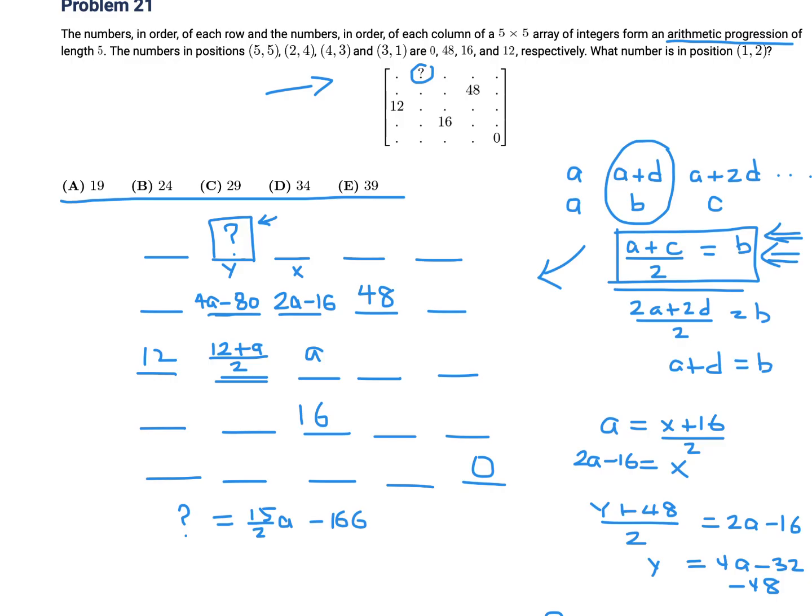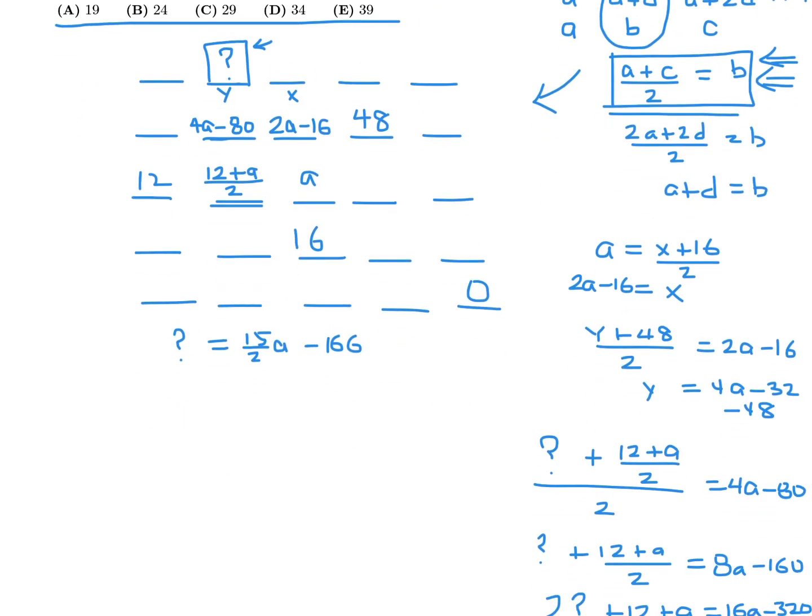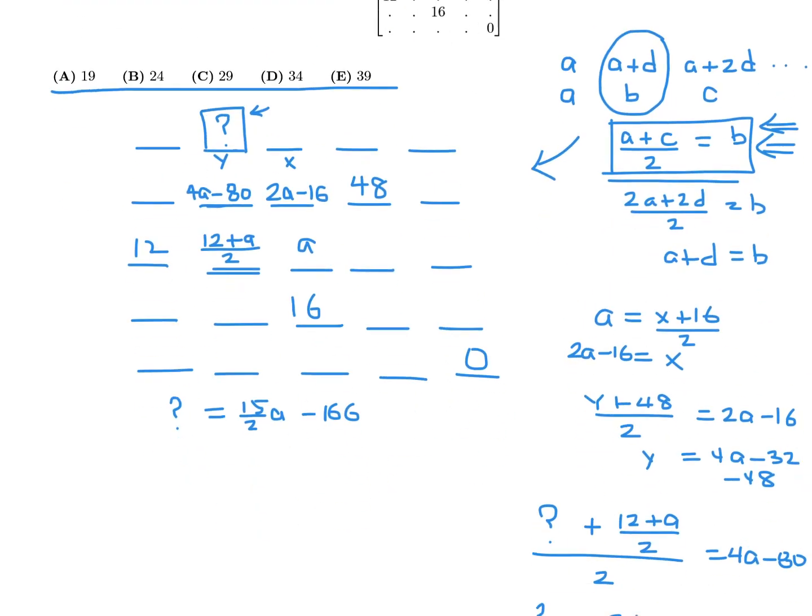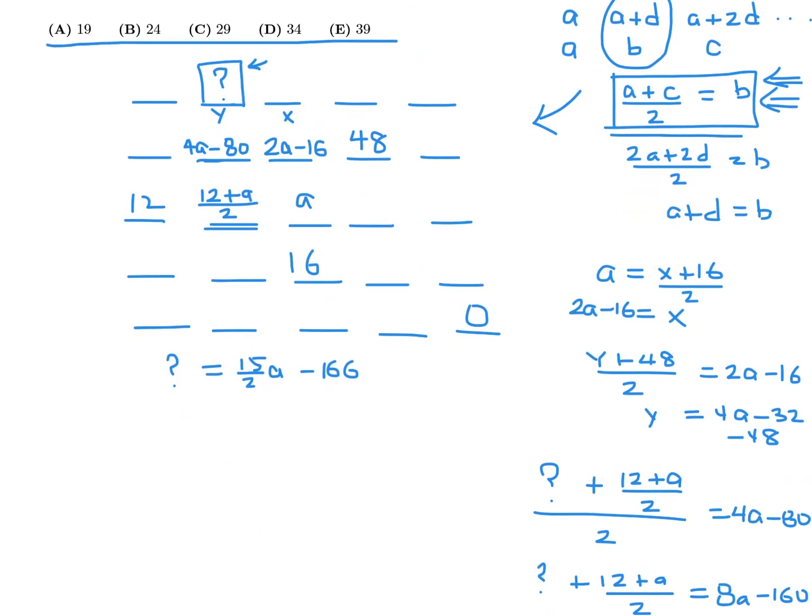Okay. You know, I think I have to try different values of a. And it's positive, right? Well, it doesn't really matter what the question says. All the answer choices are positive. So let's see. It has to be positive. So let's see what if a was 20.